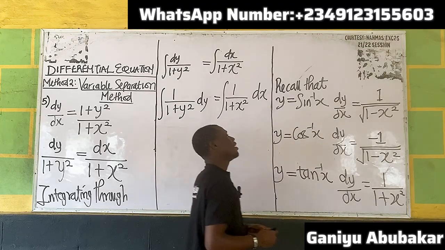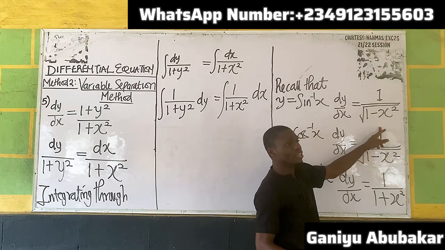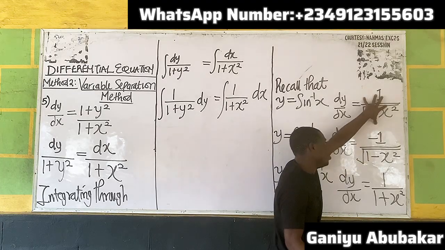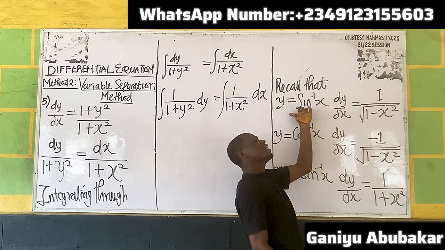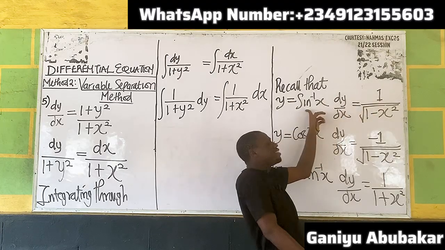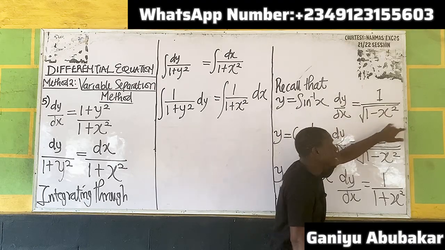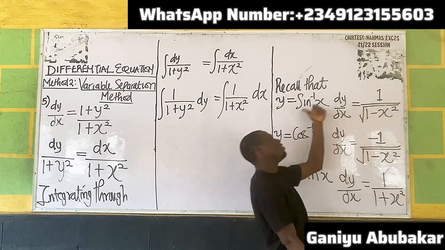So here's the idea. If I differentiate this, I'll have this. It means if I integrate this one here, I'll have this. We said integration is the reverse of what? Differentiation.